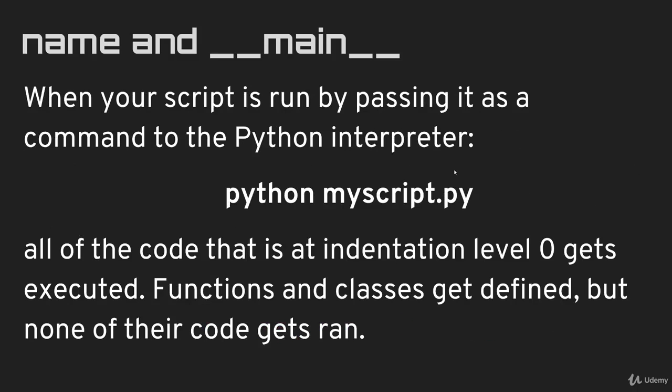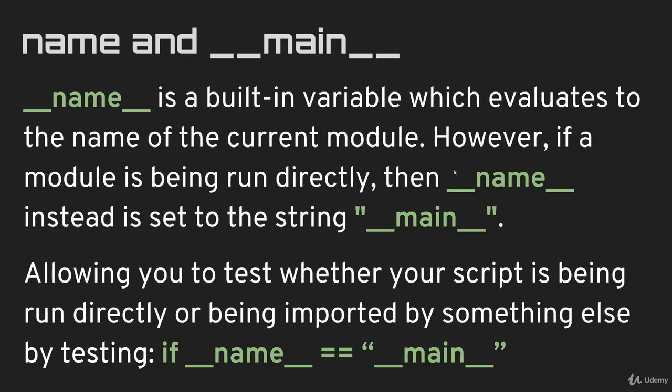When your script is run by passing it as a command to the Python interpreter, such as python myscript.py, all of the code that is at indentation level 0 gets executed. That is to say, all the functions and classes get defined, but none of their code actually gets run. __name__ is a built-in variable in Python which evaluates to the name of the current module.